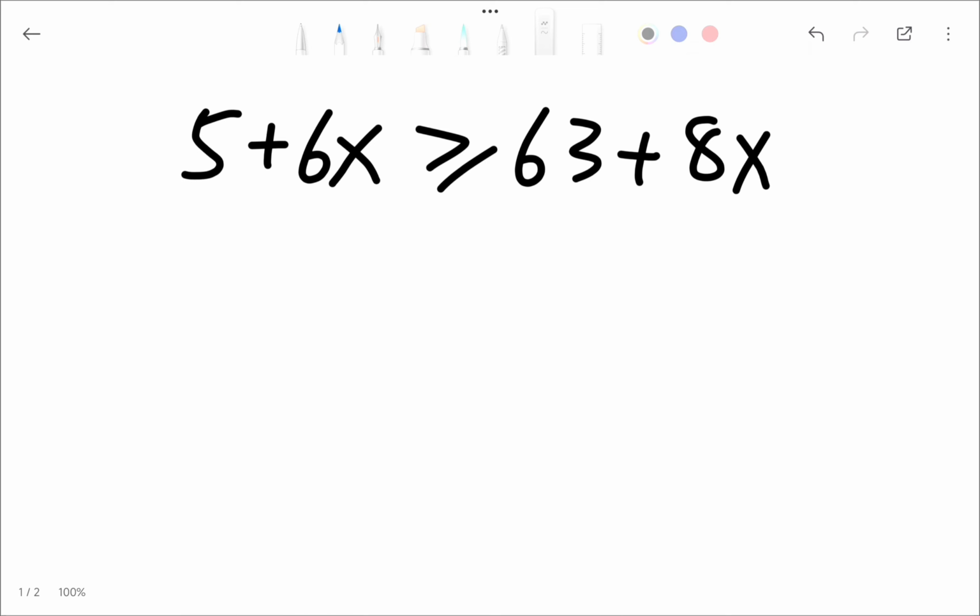Okay, so let's start solving this like an equation and see if we need to either multiply or divide both sides by a negative number or not. So let's move everything that contains x to one side and the other numbers to the other side.